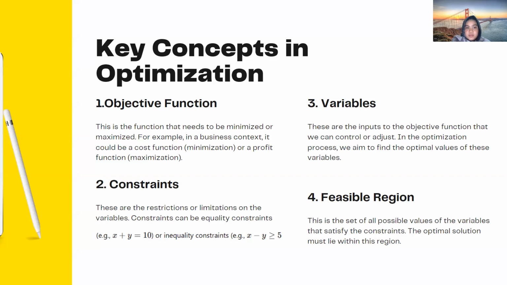The first is the objective function. This is the function that needs to be minimized or maximized. For example, in a business context, it could be a cost function, which is minimization, or a profit function, which is maximization. The second one is constraint. These are restrictions or limitations on the variables.